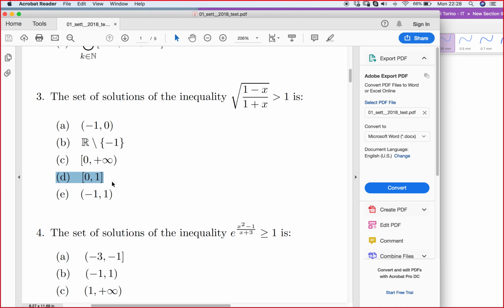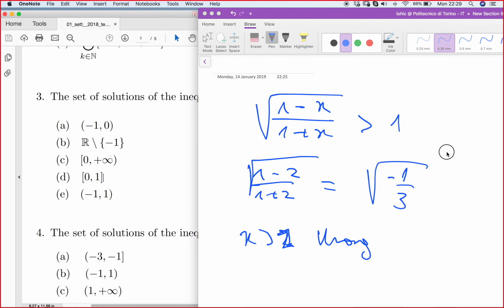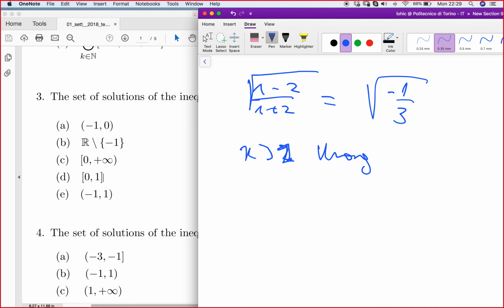Now, let's check D. What is the next step? I look at D and I say, okay, D contains 1 and A does not contain 1, yes or not? So I will check for 1. If 1 is correct, it means that A is wrong. So let's put 1. If I put 1, I get the square root of (1 minus 1 over 1 plus 1), that is 0, right?